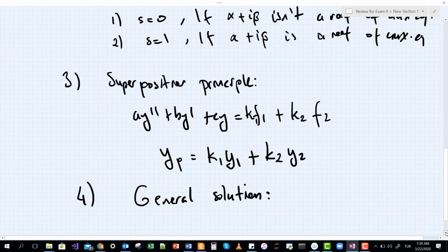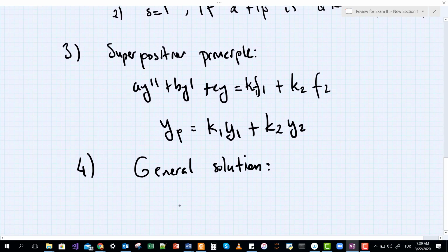After using the superposition principle, we derived that the general solution will be equal to the sum of the particular solution as well as the homogeneous part of the solutions. So this rule comes from applying the superposition principle. If you remember, we did that at the end of the last class.